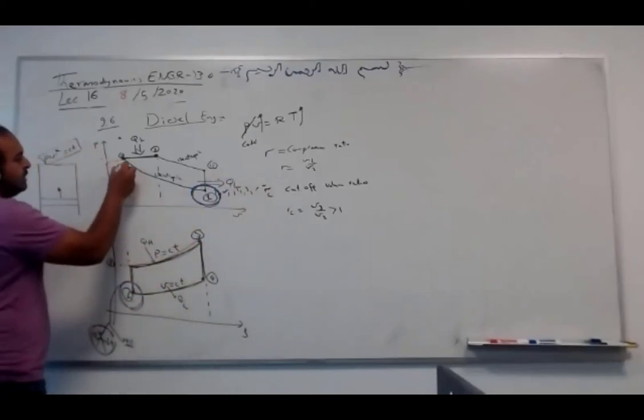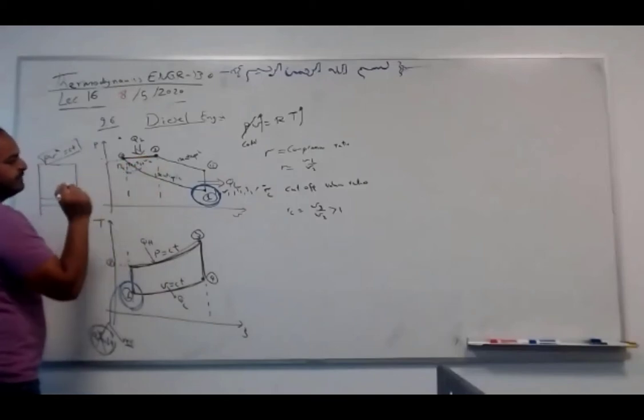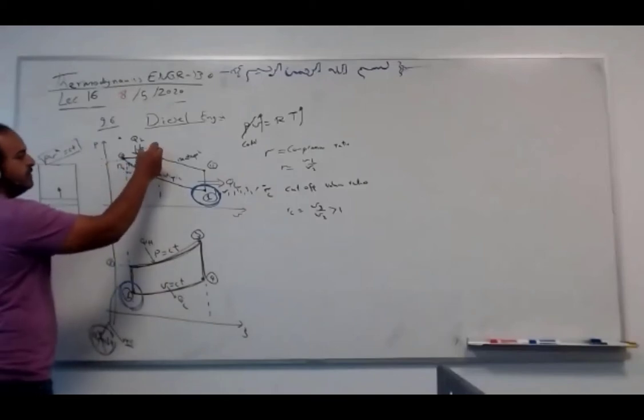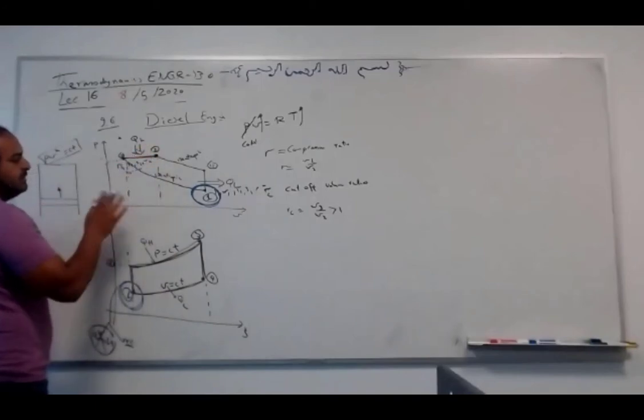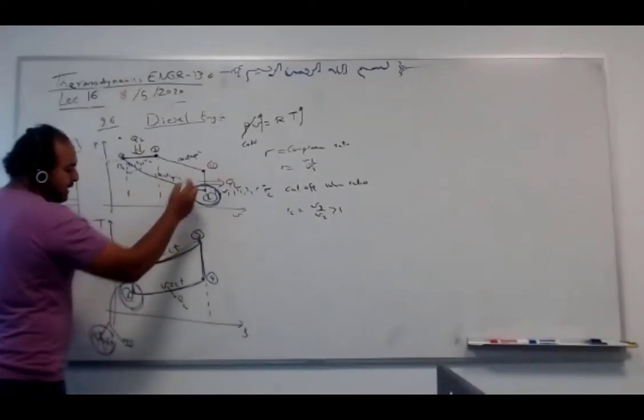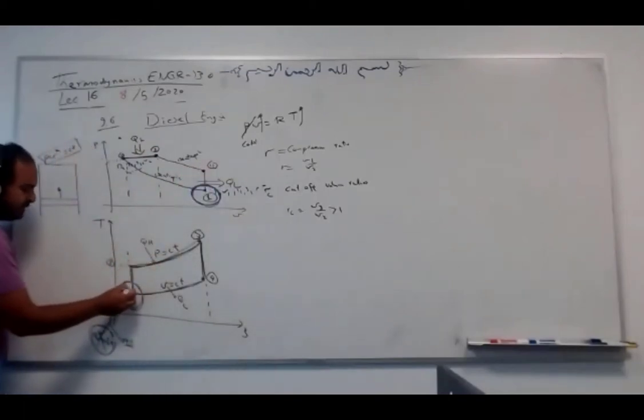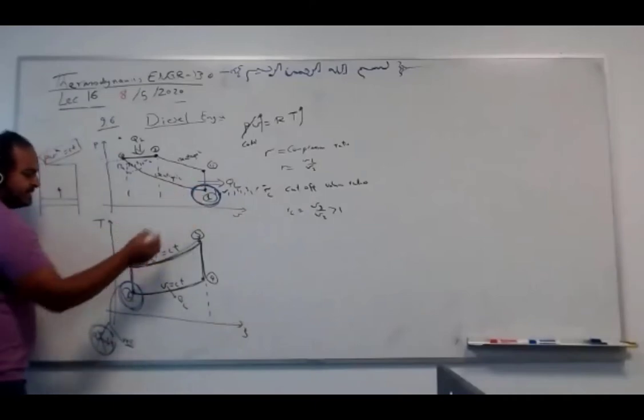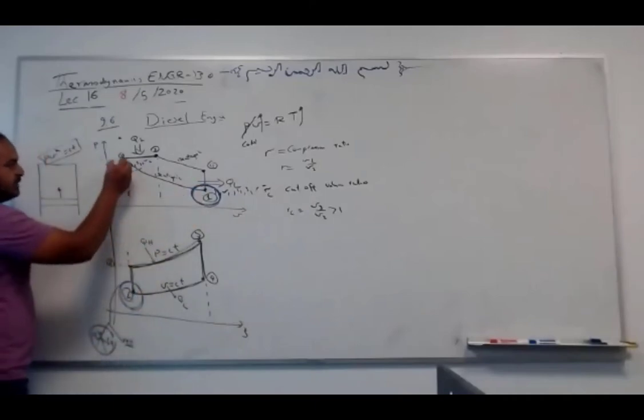Here P2, T2, S2, V2, H2. The same here: P3, V3, T3, H3, every property. But this is an ideal gas, there is no quality. The same for 4. So this point, exactly this point.